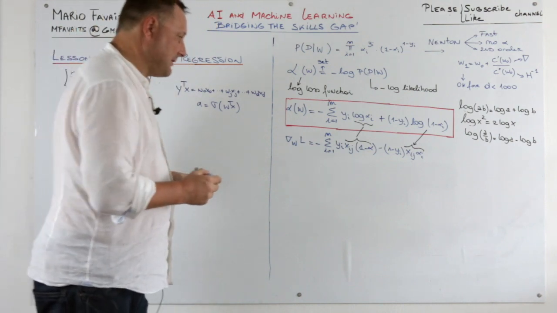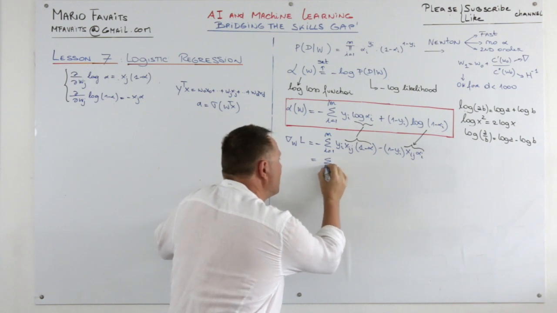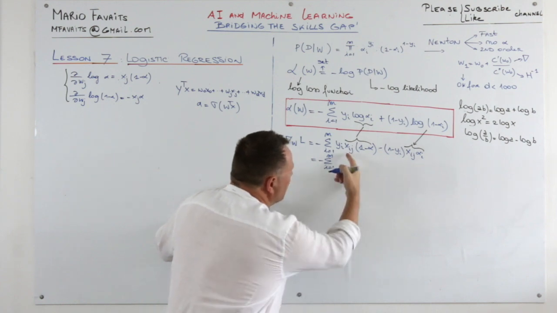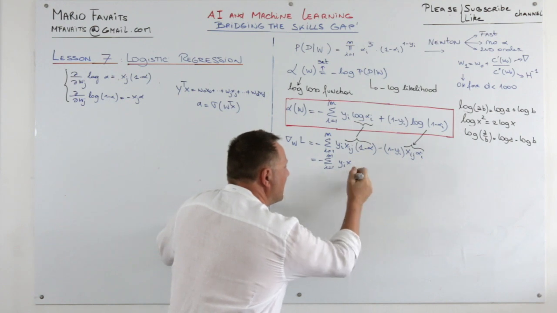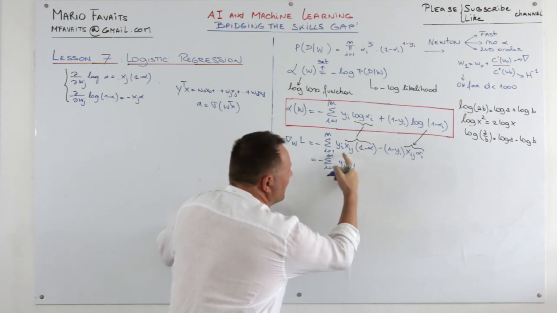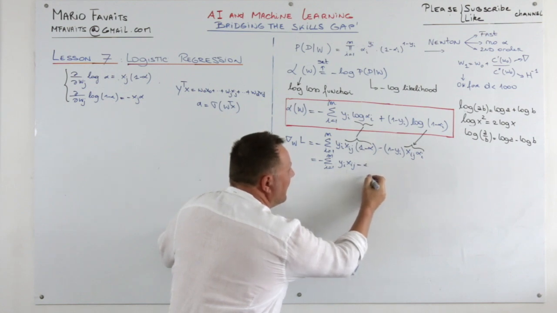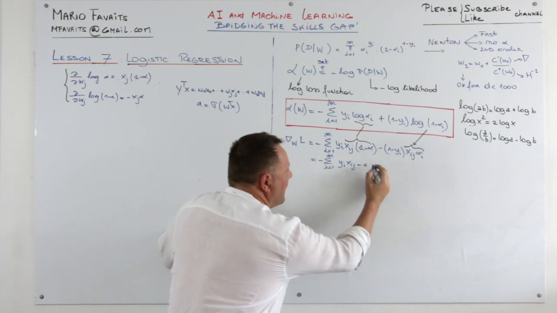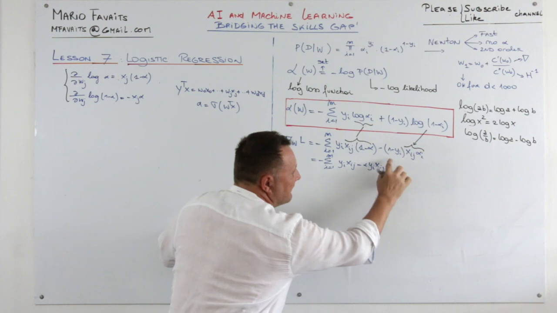Okay, so now we're gonna do some algebra. Equals the sum I is 1 to m with the minus here. We're gonna calculate this out, yi xij, and then minus alpha yi xij, and here I do the same.